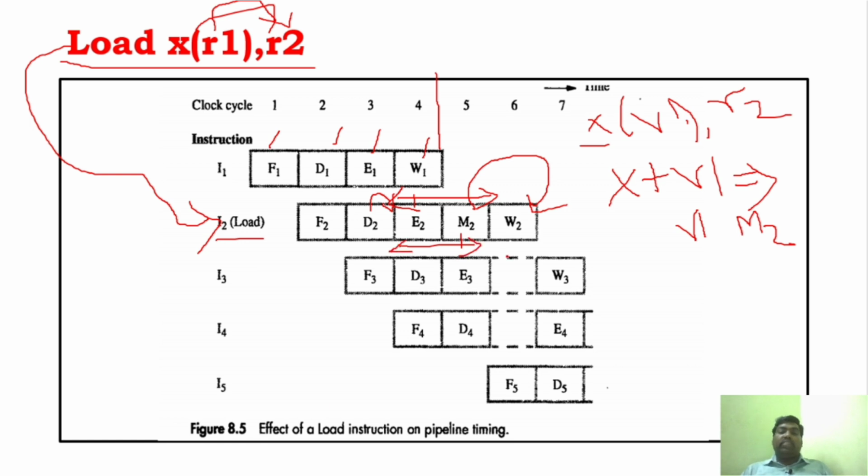Because of that, you can see here, the writing phase of instruction 3 is halted, and similarly the execution of the 4th instruction is halted, right? That's because if it is not halted, both this instruction I2 and I3 will be accessing the same register R2 at the same time.